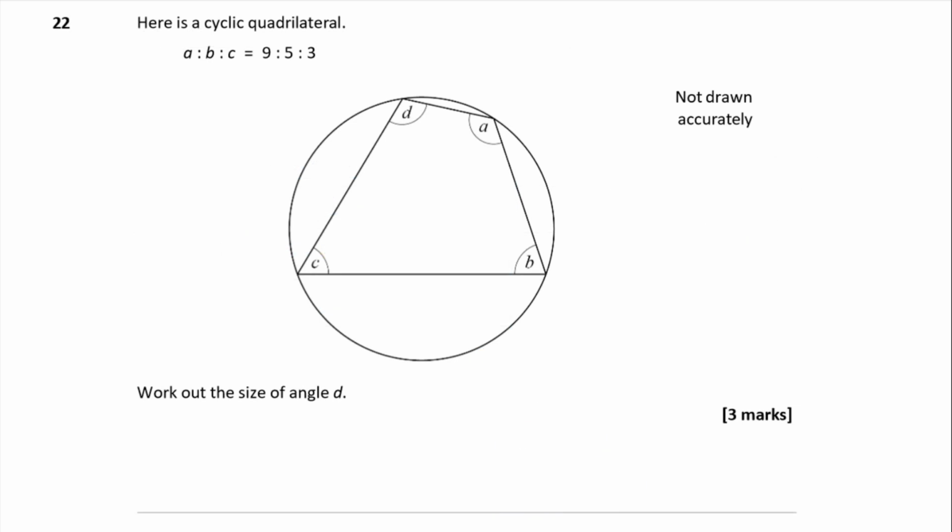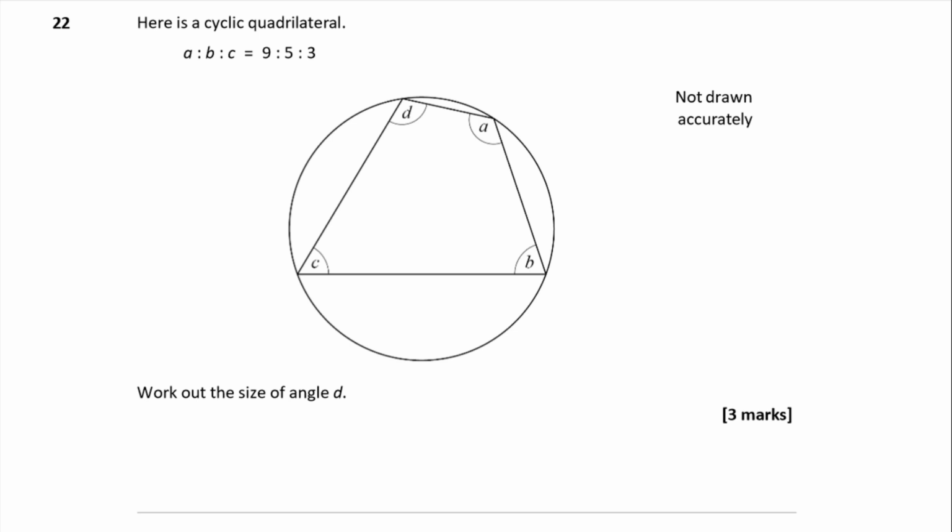Question 22. Here is a cyclic quadrilateral. I've got A to B to C in the ratio of 9 to 5 to 3. Work out the size of angle D. Okay. So I know that A to B to C are in the ratio of 9 to 5 to 3. And I also know that in a cyclic quadrilateral, opposite angles add up to 180.